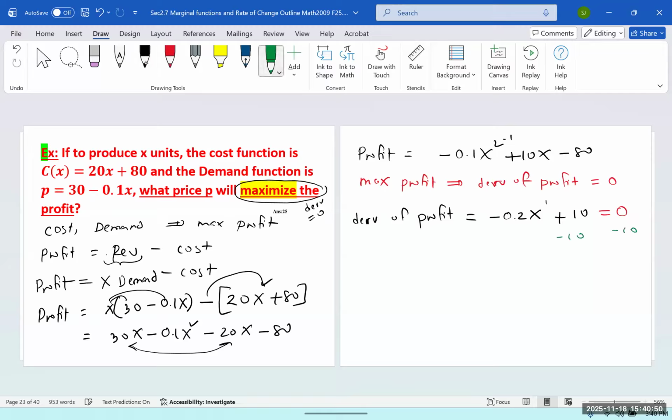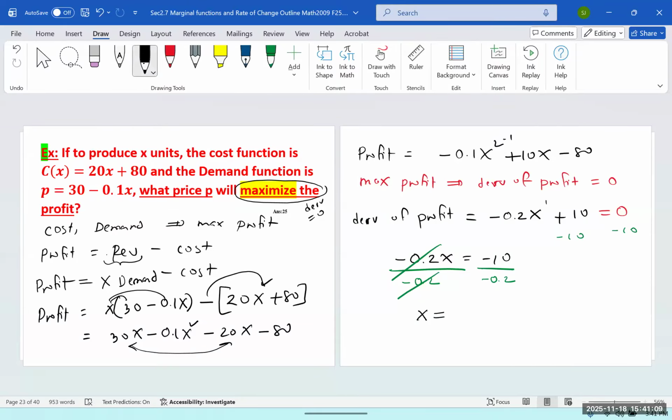Subtract 10 from both sides. We get negative 0.2X equals negative 10. Divide by negative 0.2 on both sides. If it's in the calculator portion, your life is easy. You just have to divide.